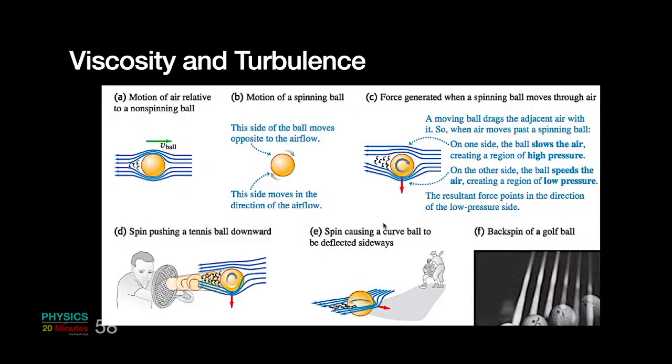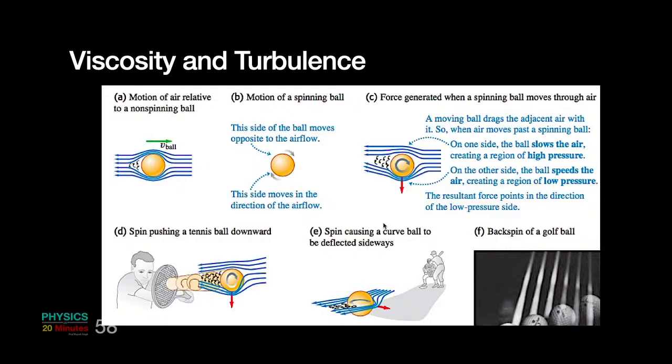In cricket, other effects happen too, like the swing of a ball. One side is rough, one side is smooth. When the ball is thrown, before it bounces, I'm not talking about the swing off the seam, but the swing in the air. On the rough side, air is dragged along with the ball, so the relative velocity decreases and pressure increases.